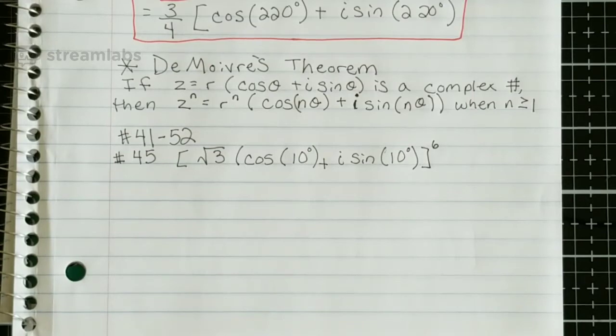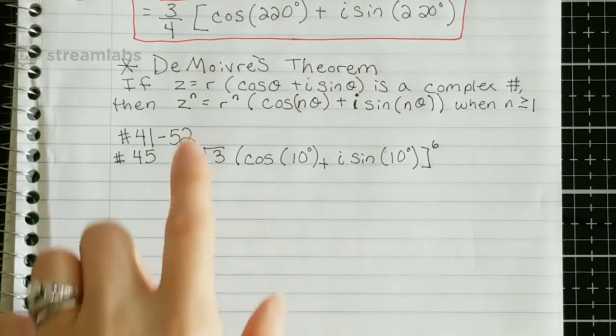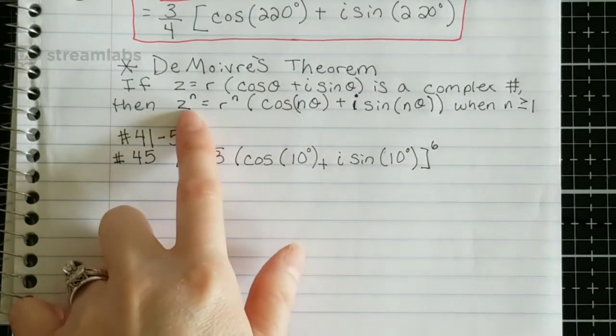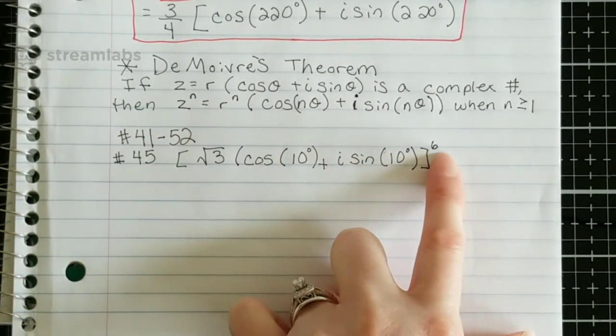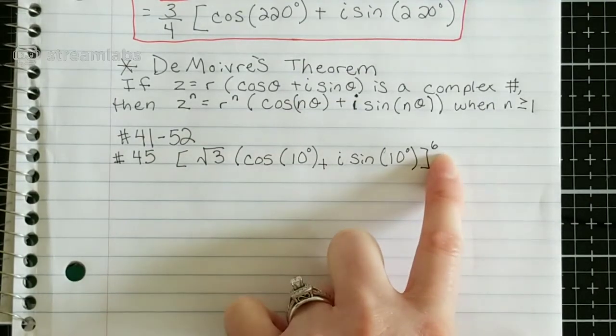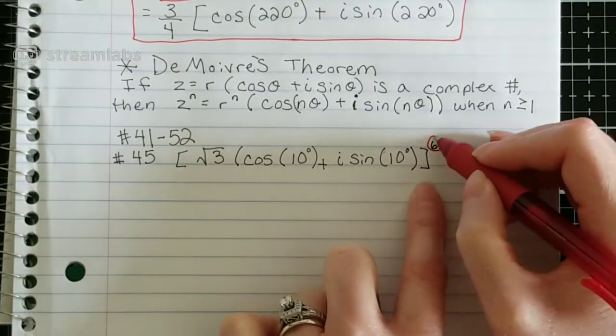Okay, so what we're going to do is use this formula here. Our n is going to be 6 because that's the exponent. Okay, so n is the exponent.